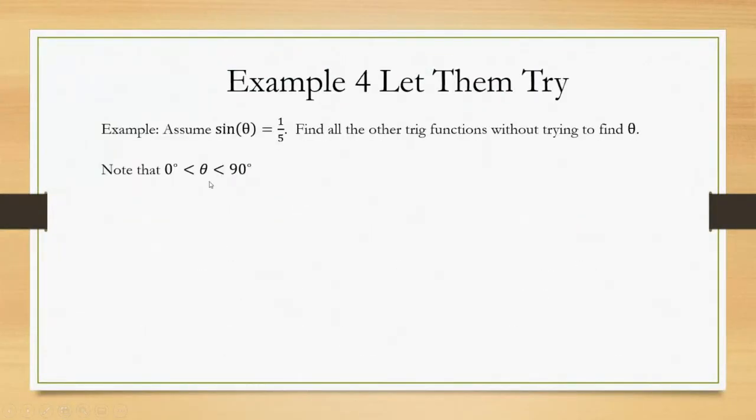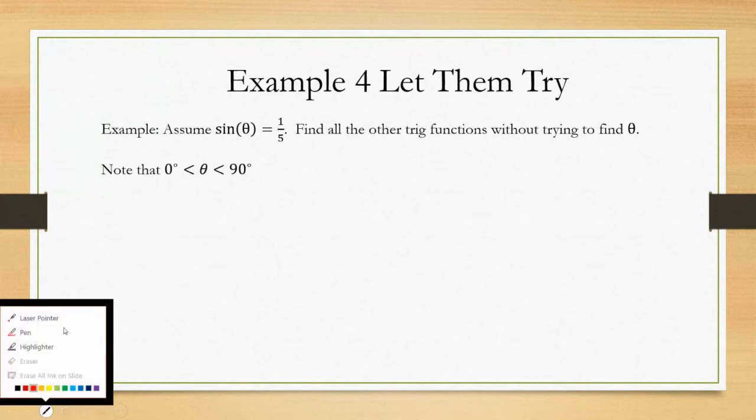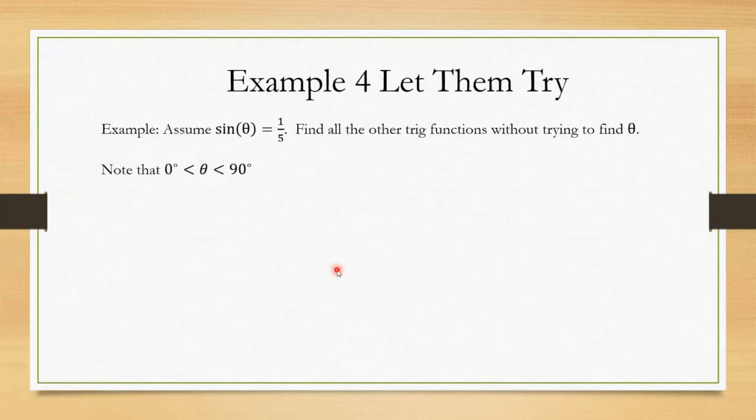Okay. This one originally I was going to let everyone try, but let me just go through it, mostly because I sent the answers to you already. Here we're assuming sine of theta is 1 over 5, and that theta is between 0 degrees and 90 degrees. Let's figure out all the trig functions.